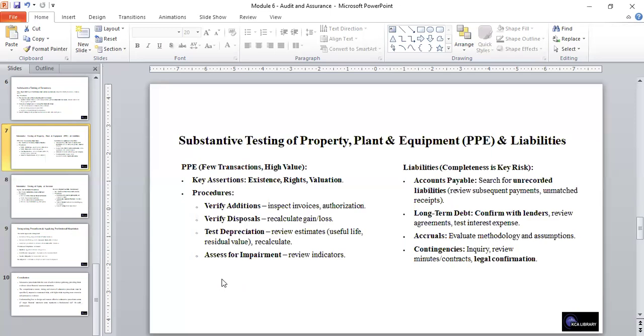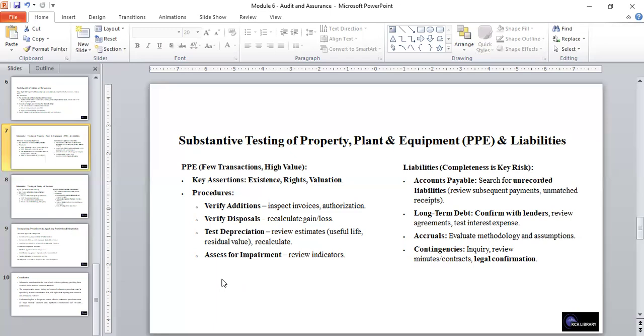And the last one is assessing for impairment, and this deals with reviewing of indicators. And for liability, completeness is the key risk, and this talks about, under accounts payable, you have to search for unrecorded liabilities.